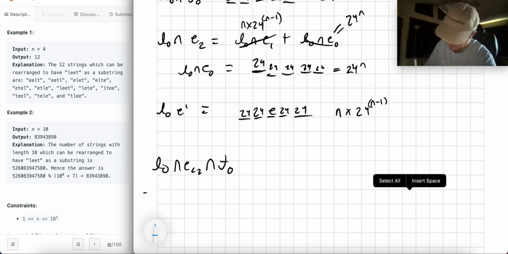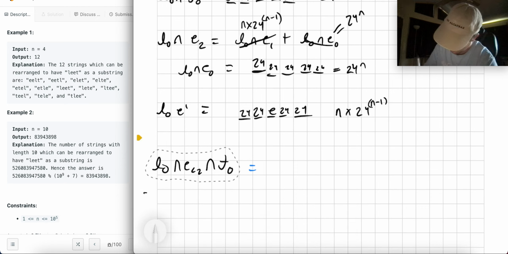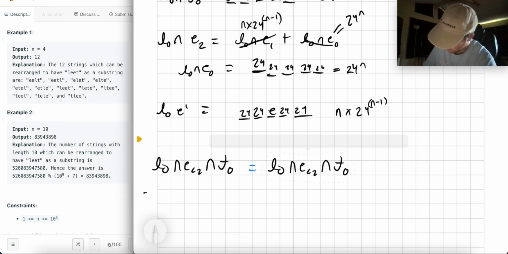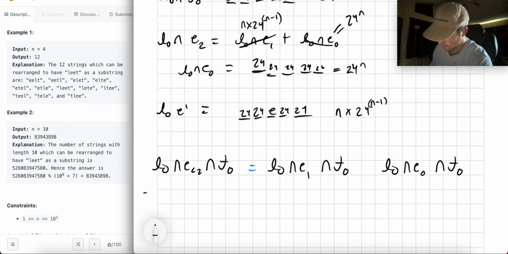So this would be the same thing as saying the case where there's one E and a case where there's 0 E's. And that's literally it. All right, so add those together.